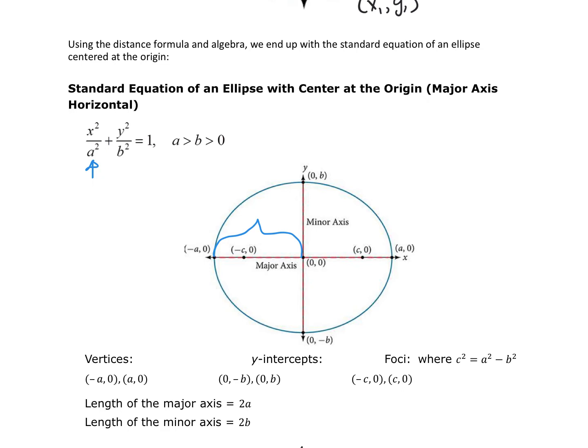So our major vertices are at -a and +a because from the center, I'm going the distance a. This is the distance a. Now, this value underneath the y, the smaller value, when you take the square root of it, that is the distance traveled out along the minor axis, and we get our minor vertices.